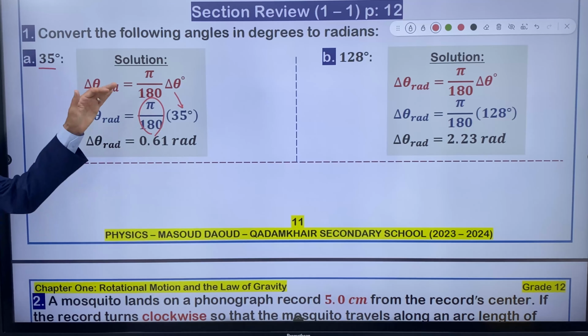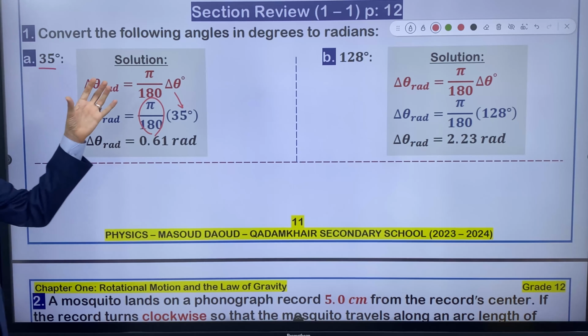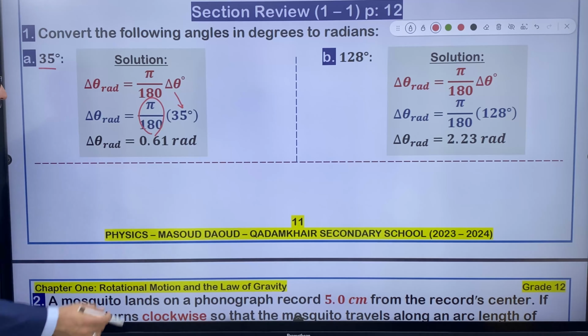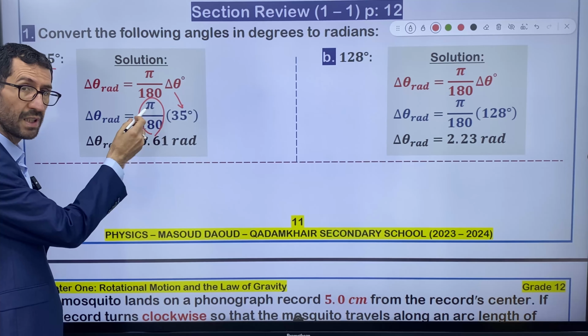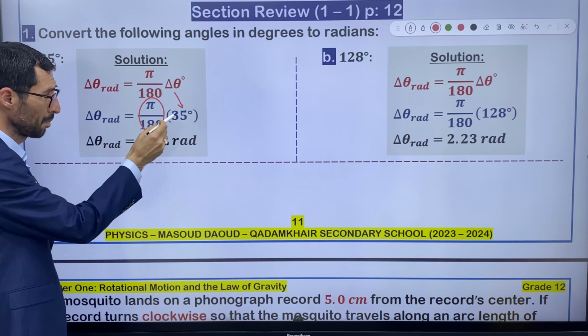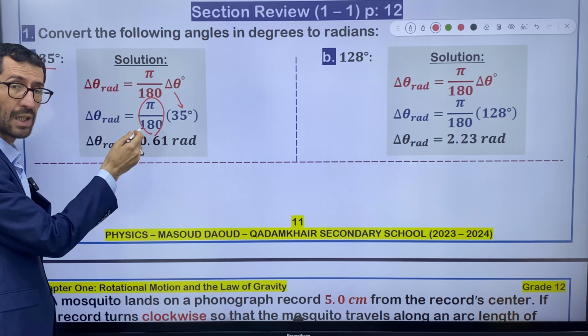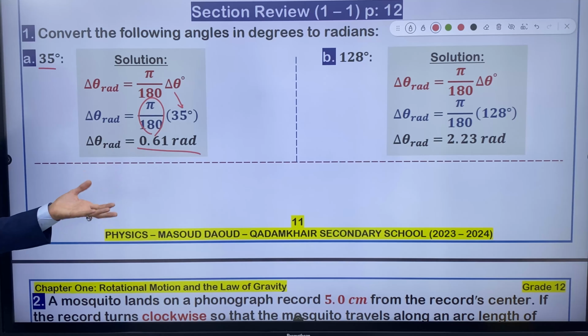The ratio of pi over 180 is a conversion factor. It's constant. So how do we calculate this? Pi takes 3.14 here, multiplied by 35, divided by 180, and the answer will be 0.61 rad.